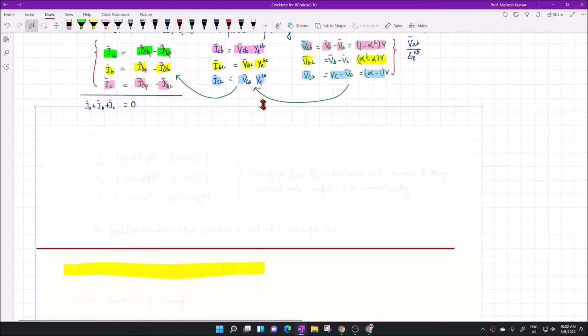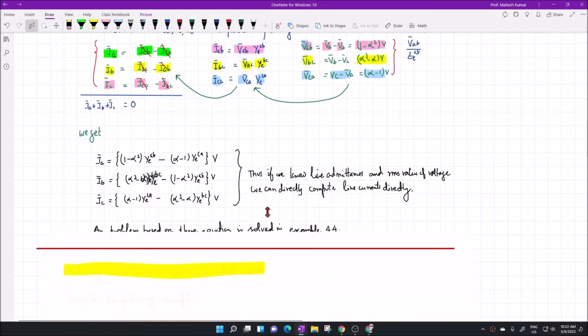Now we can express the line current in terms of the voltage and the admittance parameters. Okay, here there is some problem, so I will just change it.